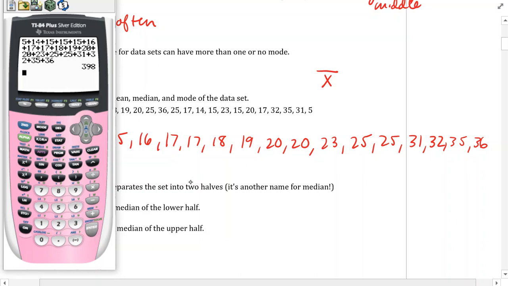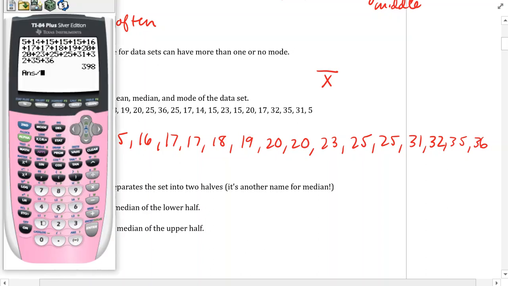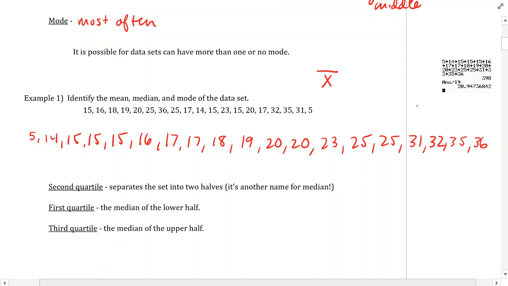And for those wondering if there's a faster way, there is. I'll show it to you in a little bit. So this is 1, 2, 3, 4, 5, 6, 7, 8, 9, 10, 11, 12, 13, 14, 15, 16, 17, 18, 19 values. So we're going to divide by 19. So we get this is 20.947.